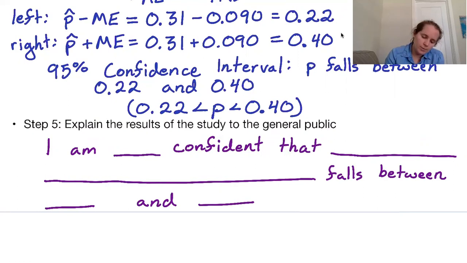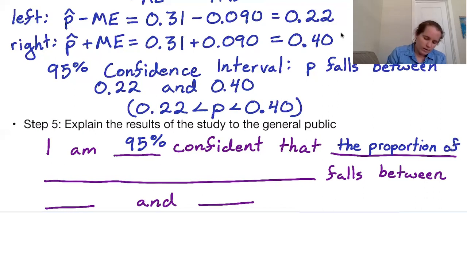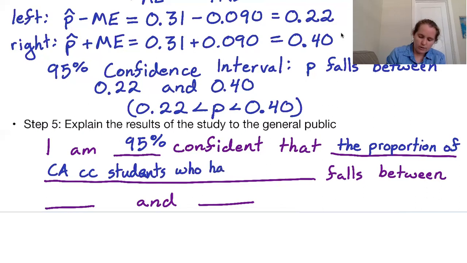So the first blank is our percentage. So I am 95% confident. The second blank is what it was we were trying to estimate. So we were trying to estimate the proportion of California community college students who have dependent children.